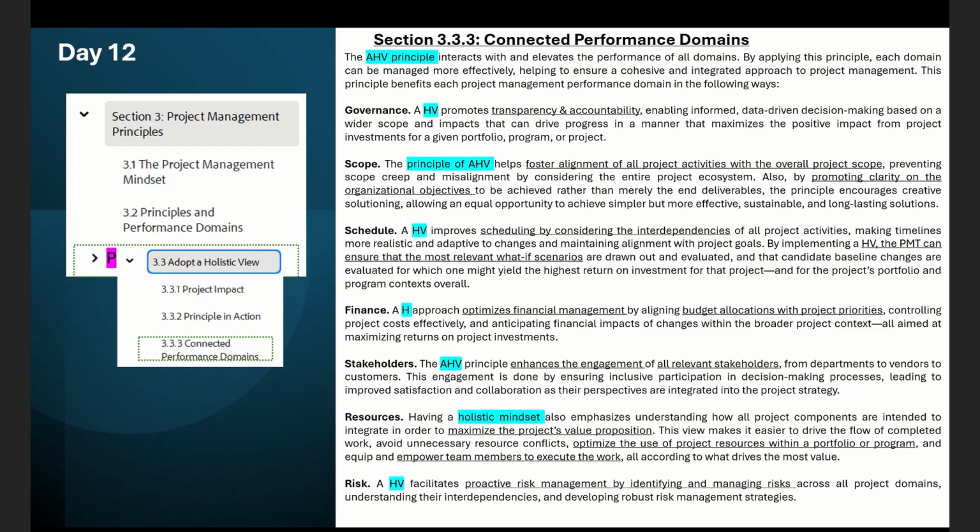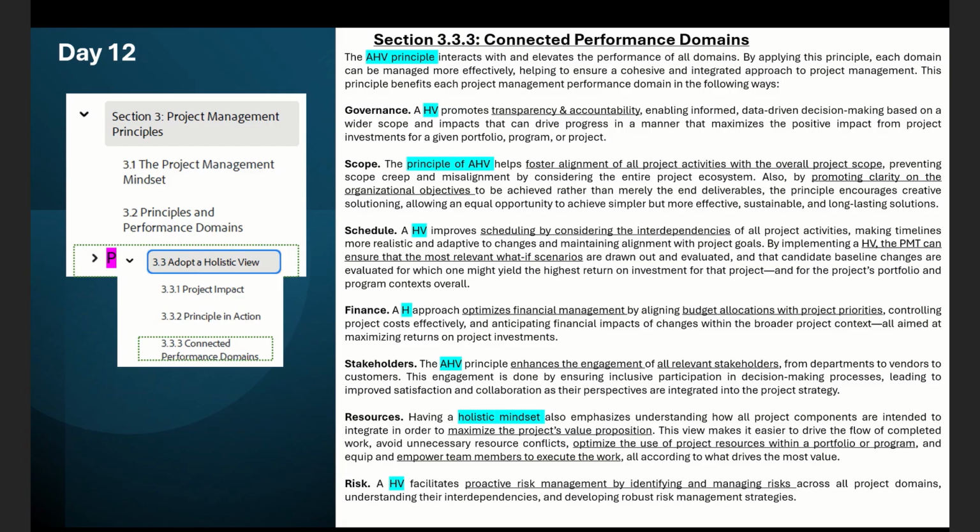And finally, in this last section, you can see the connection with the performance domains. The adopt a holistic view principle is connected with the seven domains. For example, governance promotes transparency and accountability.